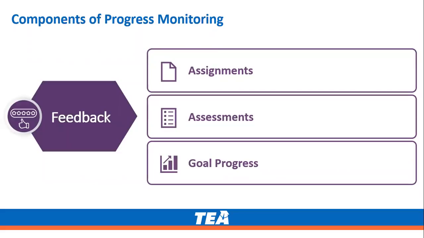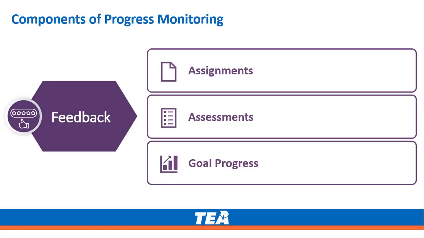The last area in the components of progress monitoring is feedback. Monitoring progress is a core instructional practice that includes formative assessment, questioning, and then providing feedback. Progress monitoring provides feedback information and data to share with the student, report to the parents, and to discuss in ARD meetings.